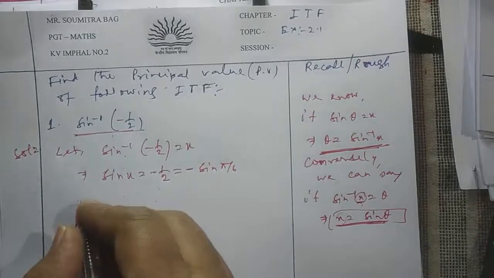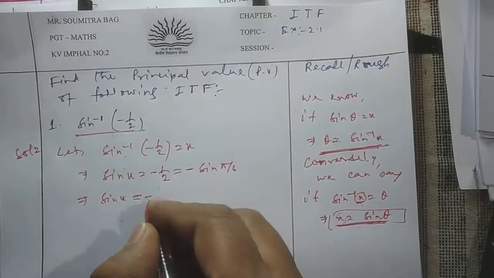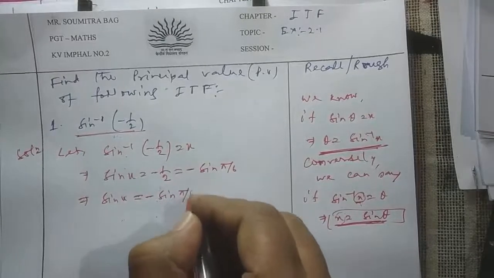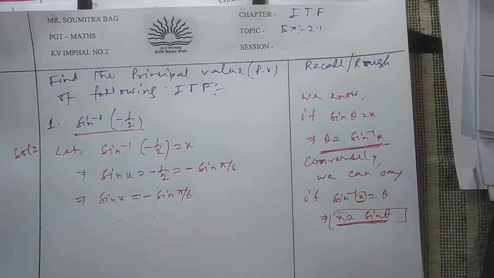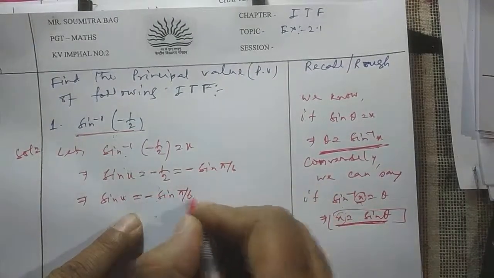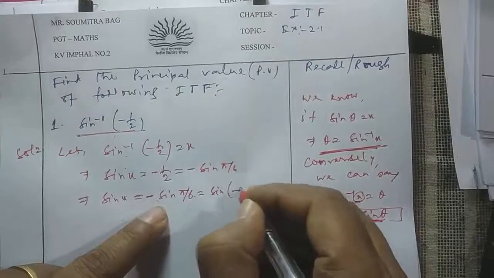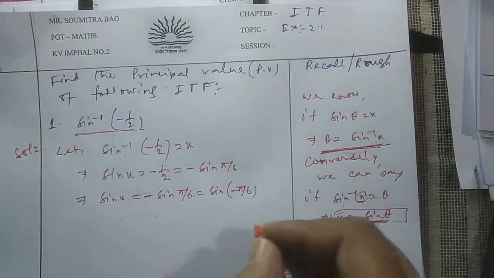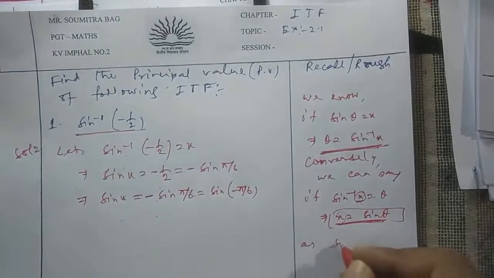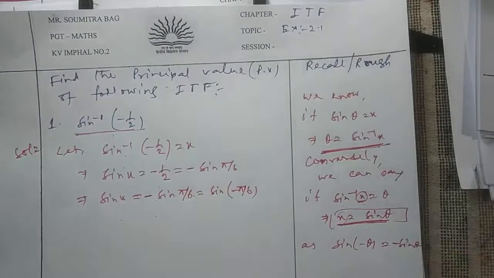Understood? So ultimately we have got sin x equal to minus sin pi by 6. Now this minus sin pi by 6 can be written as sin of minus pi by 6, because we know sin of minus theta equals minus sin theta, correct?